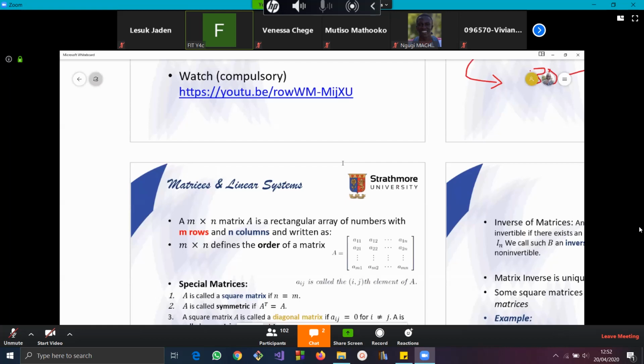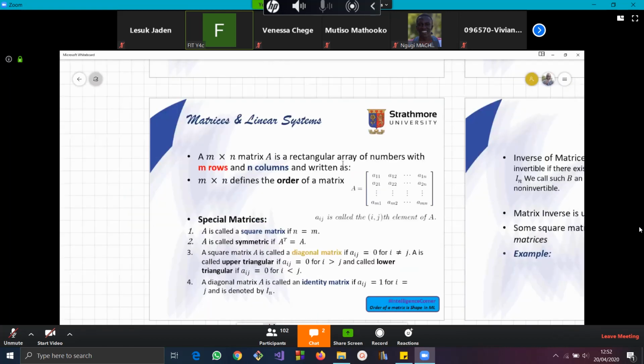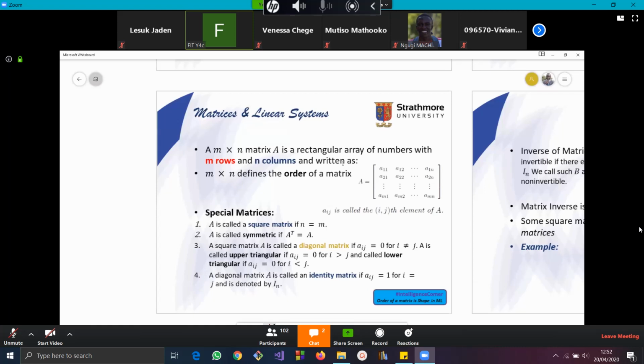These are the important things you should know about matrices, so you should revise them. Number one is the order of the matrix. A matrix has rows and columns. We can say it's an M by N matrix, a rectangular array of numbers. In machine learning, we will call the order of the matrix the shape of the matrix.